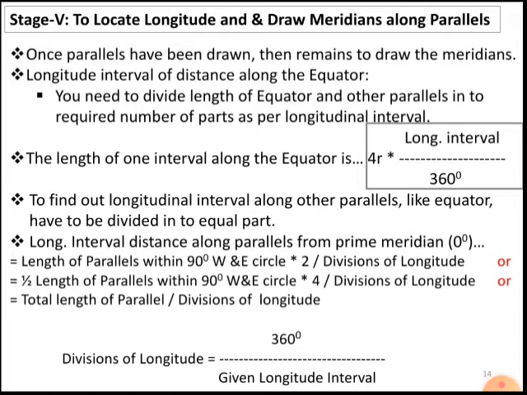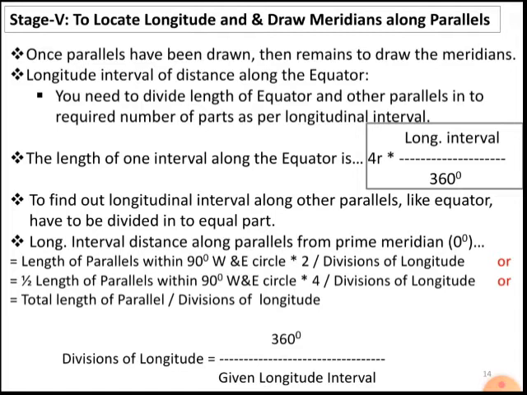That distance you can find out with the help of this equation, which is very easy: 4r multiplied by the longitudinal interval, which will be given in your example, divided by 360. Latitude and longitude intervals are always given in the example, and by these intervals you have to draw the projection.